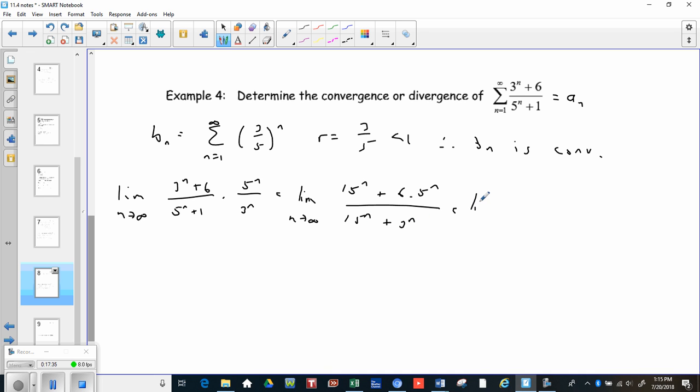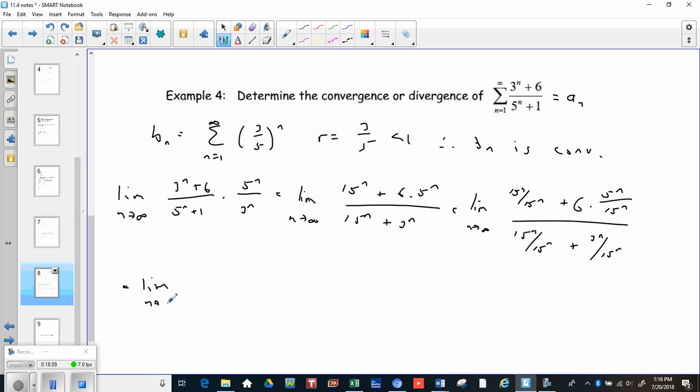So what you get is the limit as n approaches infinity of 15 to the n divided by 15 to the n plus 6 times 5 to the n divided by 15 to the n, over 15 to the n divided by 15 to the n plus 3 to the n divided by 15 to the n. And then we'll simplify.